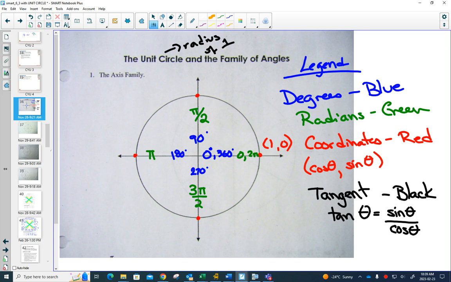If you moved up 1, your x-coordinate would be 0, your y-coordinate would be 1. Moving 1 to the left, your x-coordinate would be -1, your y-coordinate would be 0. And moving down 1, your x-coordinate would be 0, and your y-coordinate would be -1.